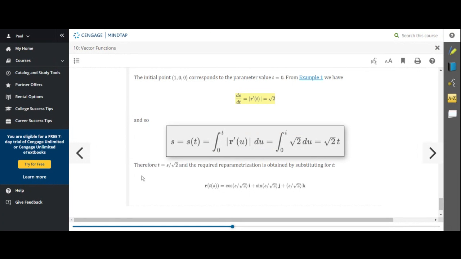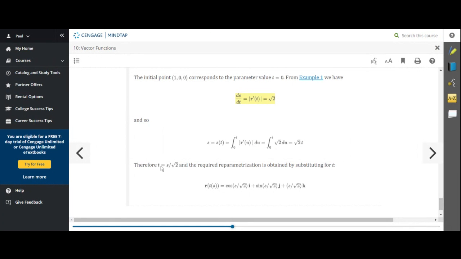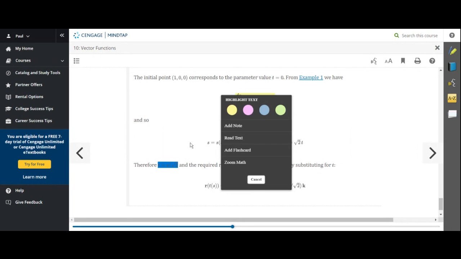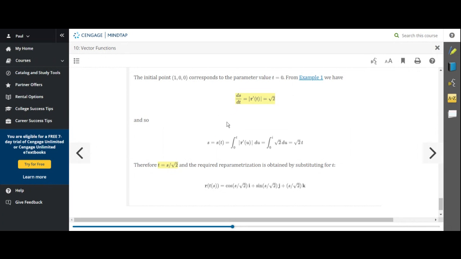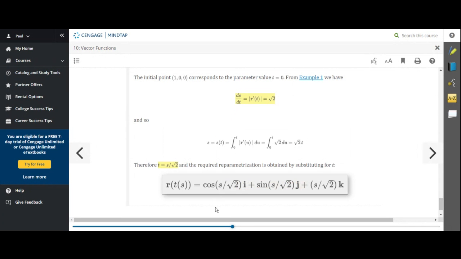That means t is equal to s divided by square root of 2. You can substitute s over square root of 2 for t, and you'll get your reparameterization of your space curve.